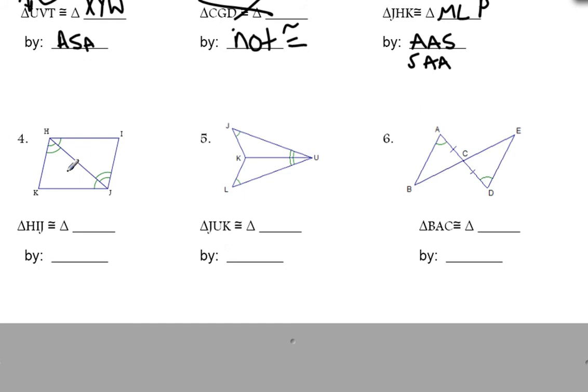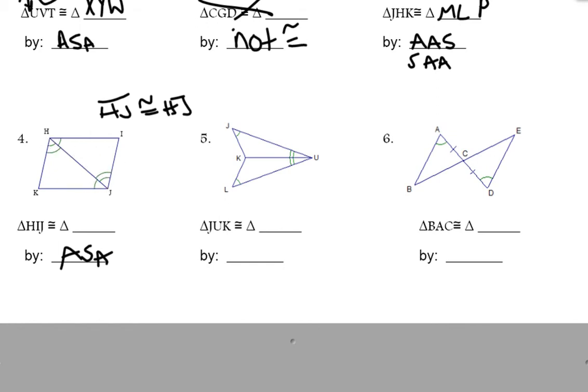Okay, number 4. The first thing that you can mark in number 4 is your shared side. You always mark your shared side because HJ is congruent to HJ. And we can see here that we have an angle, an included side, and an angle congruent to an angle, an included side, and another angle. So we know our reason here is angle-side-angle.